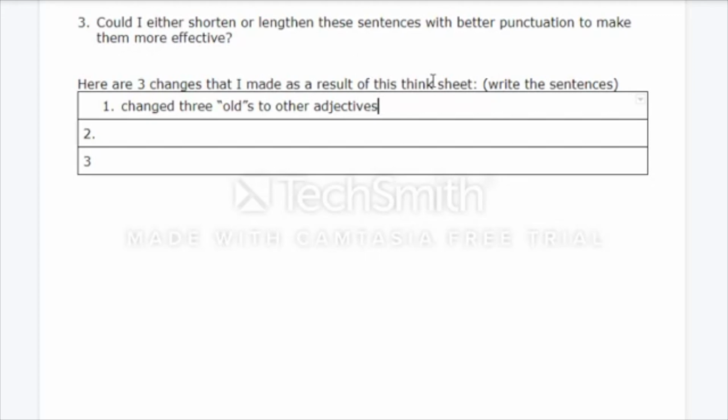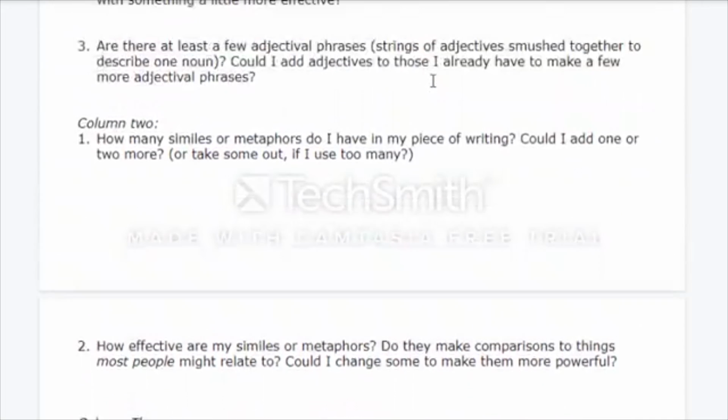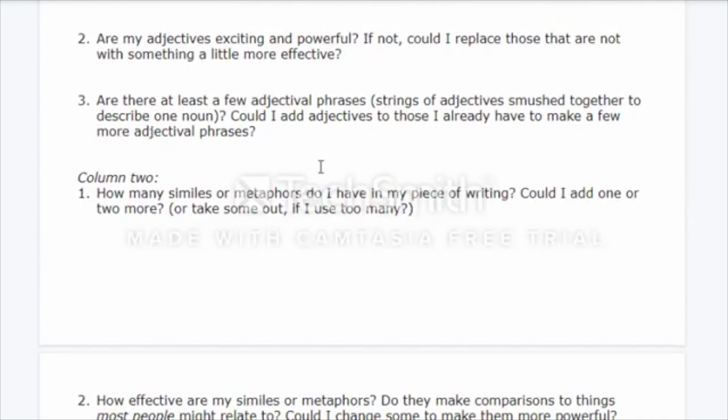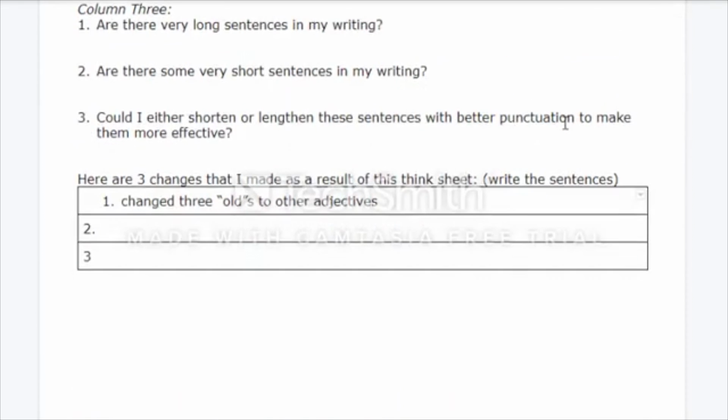And that is essentially the point of this sheet. You'll do the same thing with column 2 in terms of the similes and metaphors, and record your changes down here. Hopefully, this allows you to think about your writing and make some positive changes that you can incorporate in further writing as you continue through grade 9.